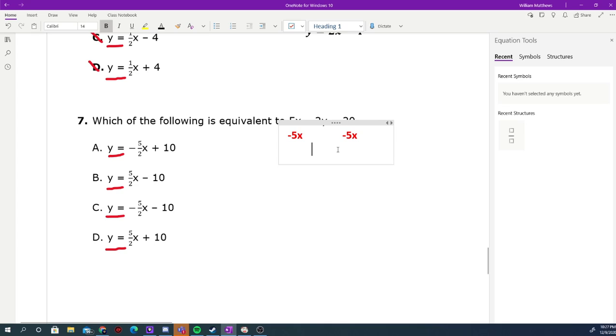This will leave me with the negative 2y equals, yet again, 20 and negative 5x are separate, unique terms, so I cannot combine them. So I'll be left with negative 5x plus 20.